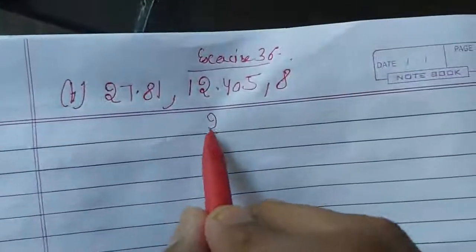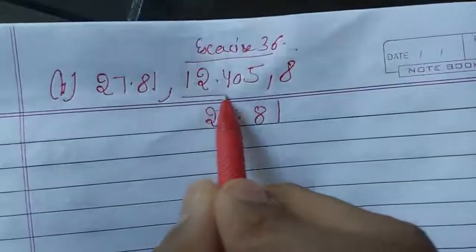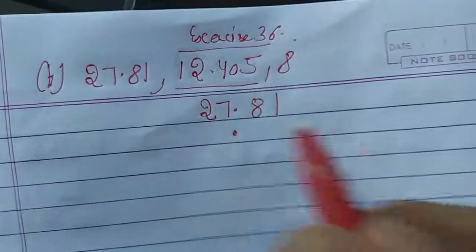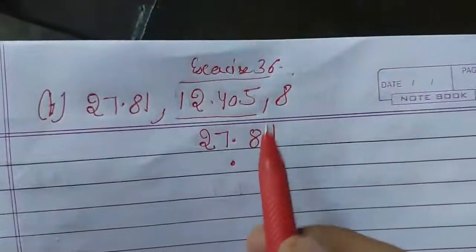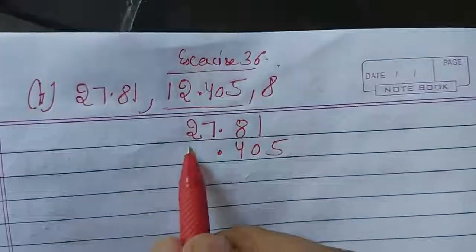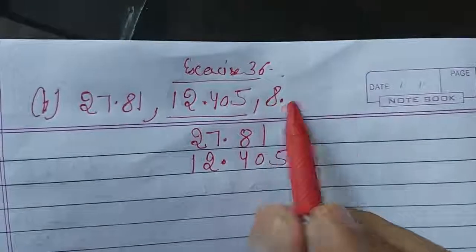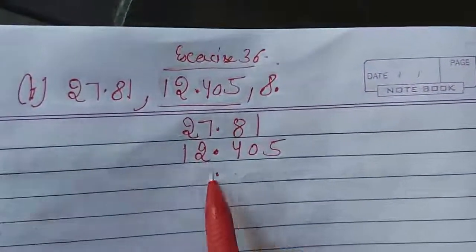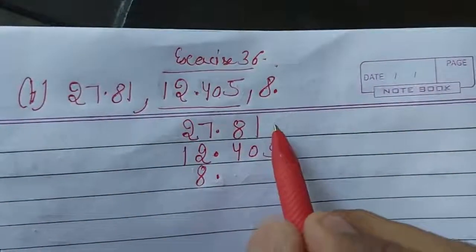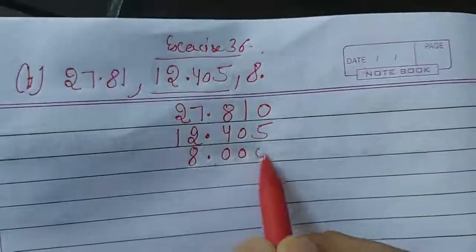First write this number 27.81. From the second number, write point below point. Then 405, and before the point 12 is there, write 12. Here there is no point. The point lies after 8. That means like this. Where no number is there, write 0, 0, 0, 0.